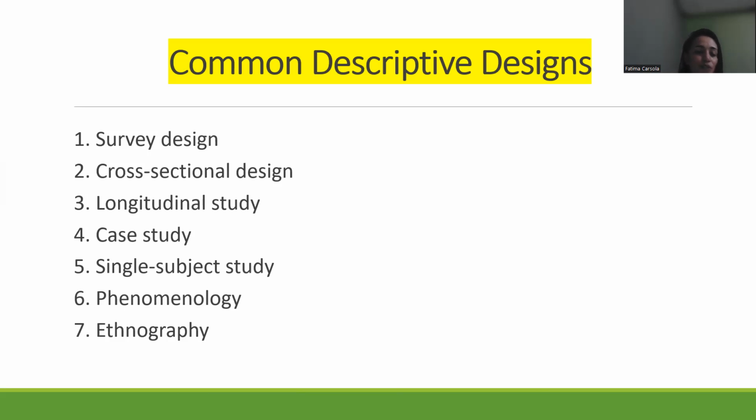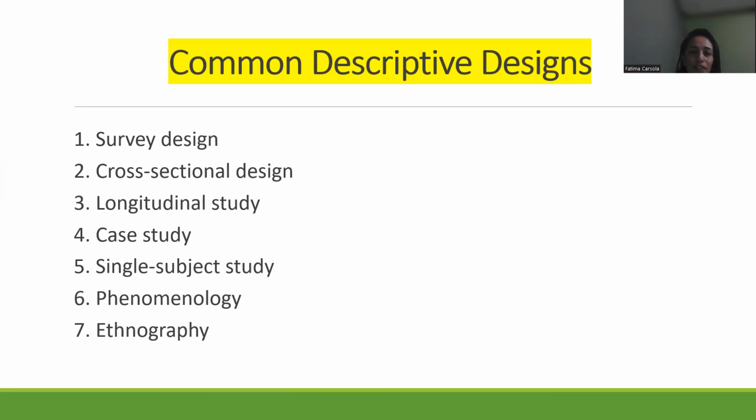We also have phenomenology, which could be interpretive or descriptive, or Heideggerian or Husserlian phenomenology. This investigates the meaning of an experience. But one of the limitations of this design is that it requires a high level of analytic skill. We also have ethnography, which is highly intensive.